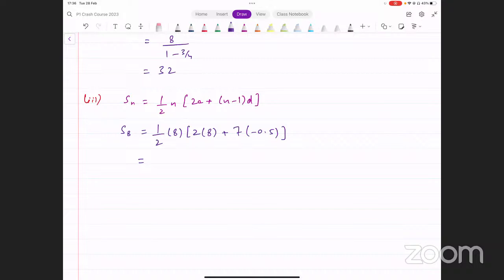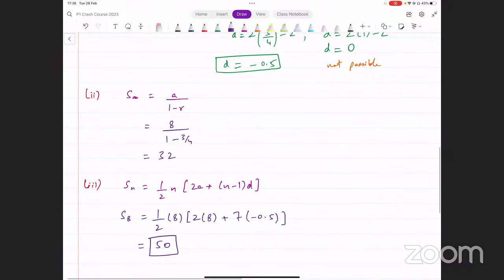It's half into 8 into 2 into 8 plus 7 into minus 0.5. This turns out to be 50. This is the sum of the first 8 terms. All right, that is what we were looking for in the last part here.